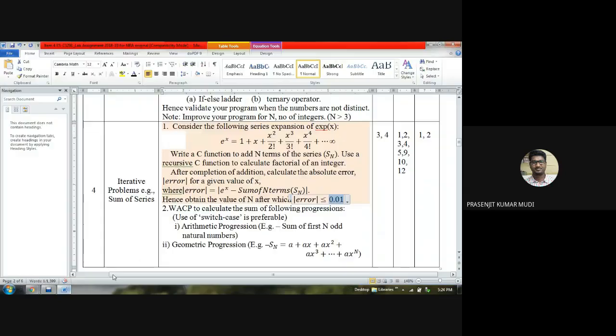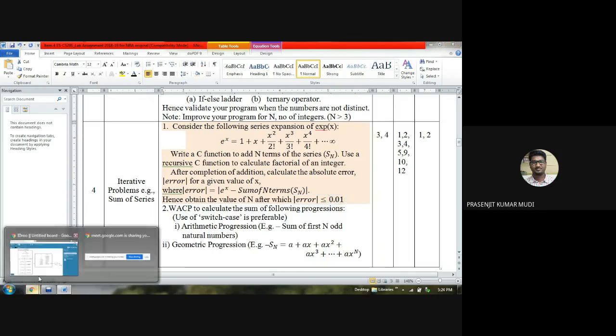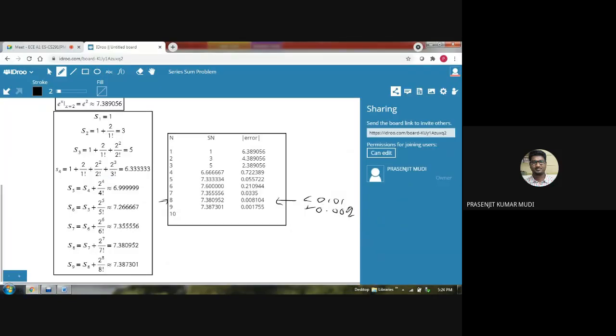Someone may want a more accurate result. For that purpose you have to decrease this threshold error. Let's say 0.001. Then maybe the minimum value of n is 10.